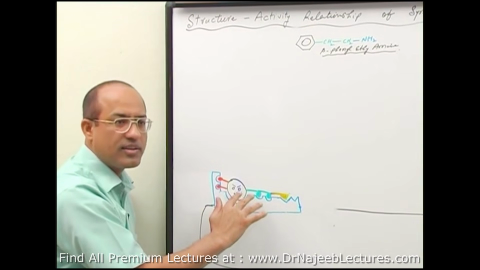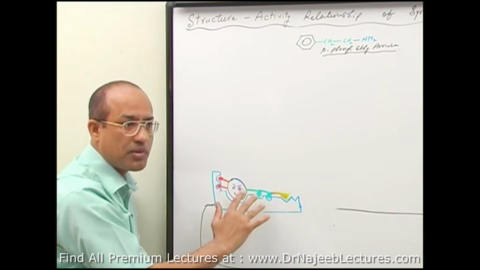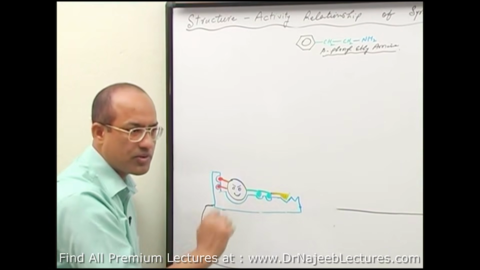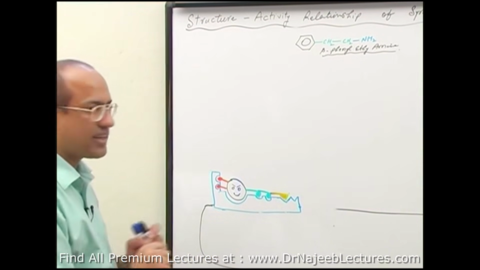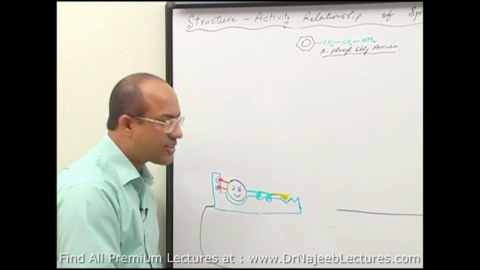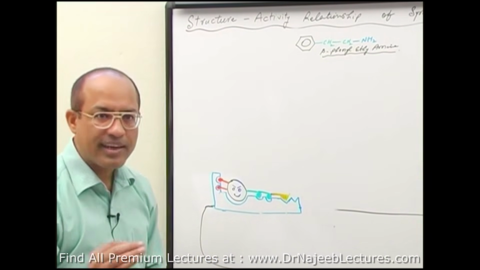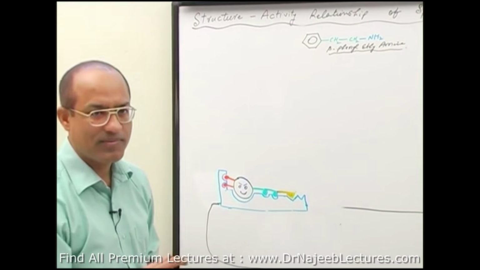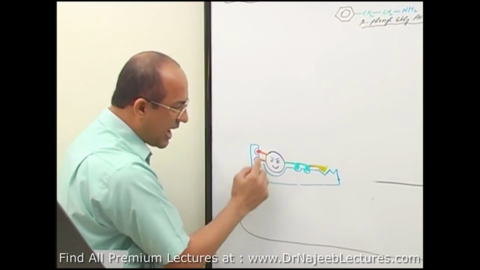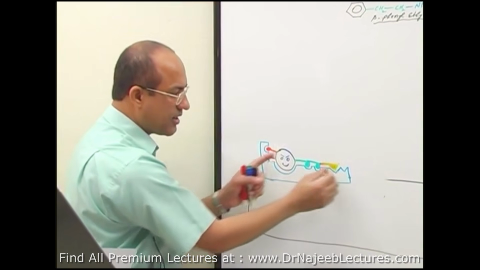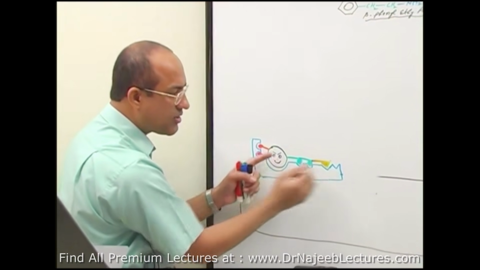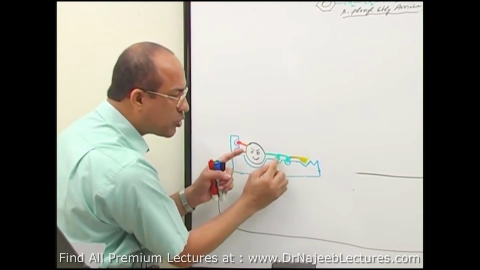Due to that, they are not direct acting but indirectly acting sympathomimetic drugs. Now we will come to another thing. Another characteristic of this molecule is that for maximum direct sympathomimetic activity, the amino group and the benzene ring should be separated by two carbons.